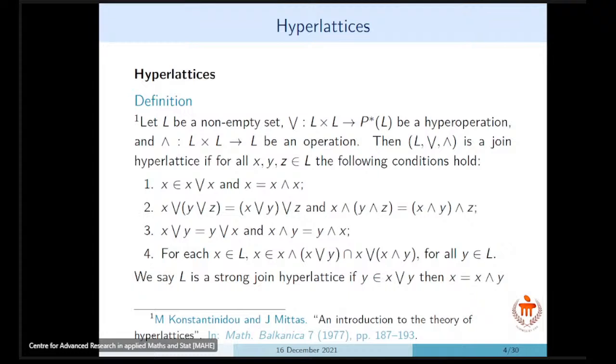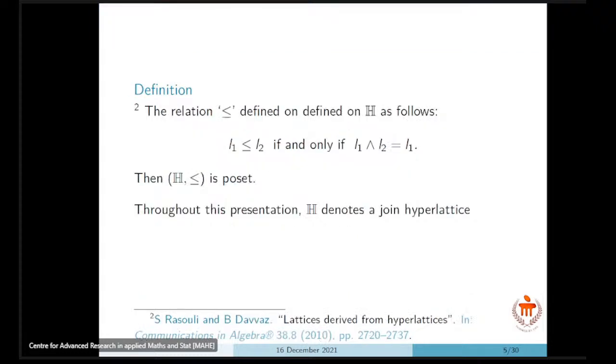The first property is that x belongs to x join x and x is equal to x meet x, second is the associativity of the operations, and third is the commutativity of the operations. Next, we can define the order relation using the classical operation meet on this set H. With respect to that order, H together with that order becomes a poset. Throughout the further slides, we will denote by H a hyperlattice.